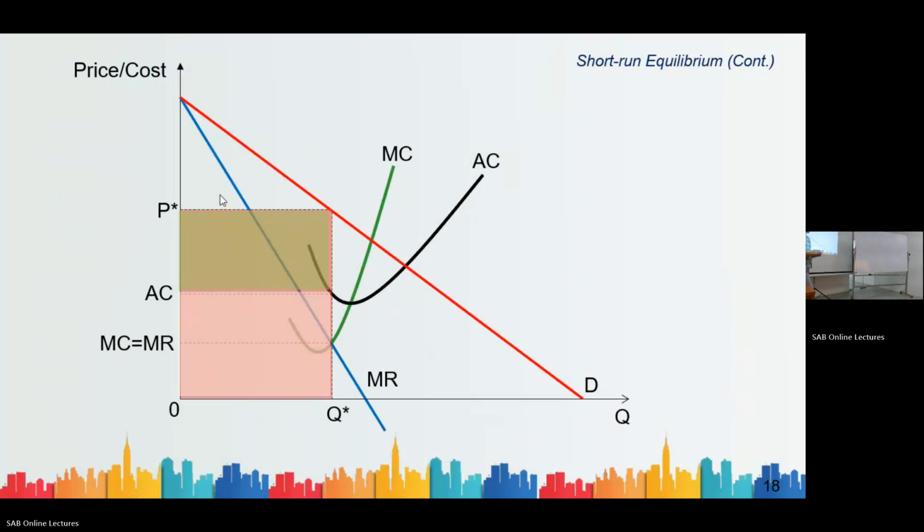Total cost is 50Q plus 1000. Find the profit maximizing output level, price level, and the maximum profit.